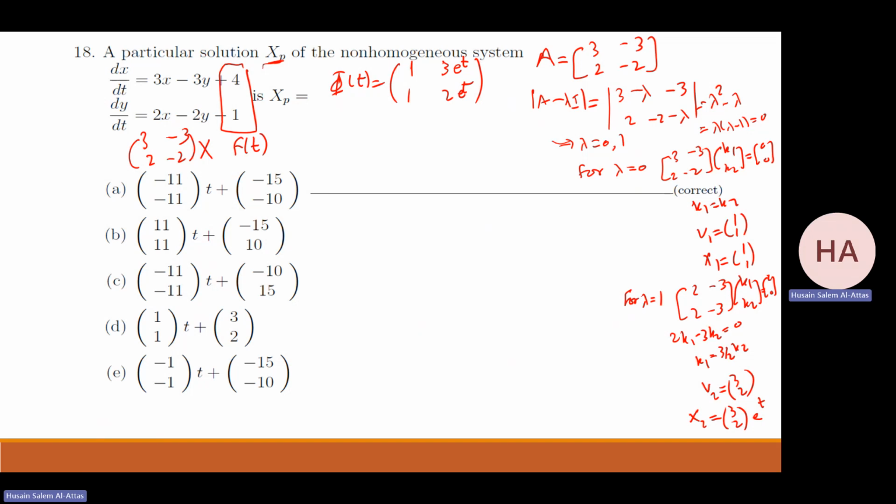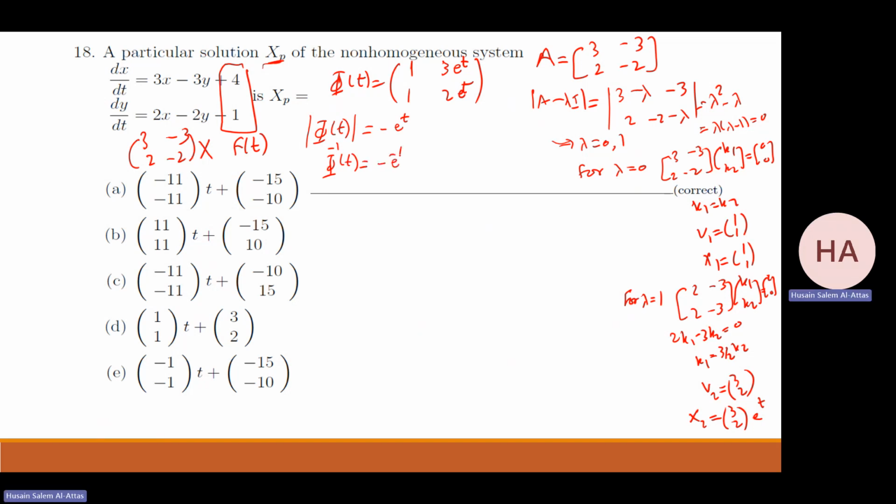Yeah, okay. So now I need to find phi inverse of t. Yeah, I need to first find the determinant of phi. And that will be what? 2 minus 3, which is minus e to the power t, minus e to the power t. Yeah. Basically, write it the other way. Now, what will be phi inverse of t?